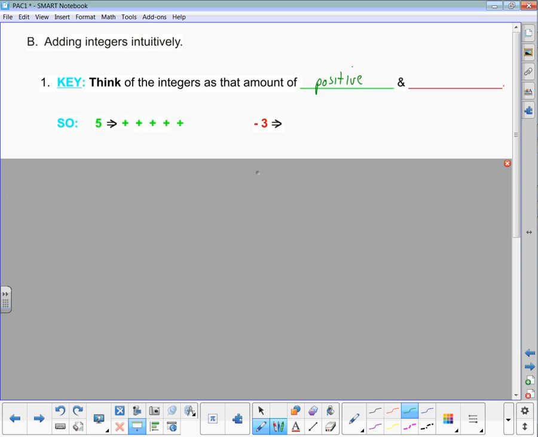Think of the integers as that amount of positives, and I'm going to take my red and write negatives. That amount of positives and negatives. So if you look down here, I've got positive 5 listed as 5 positive sides. So I'm going to take my red, and with my negative 3, I'm going to list it as 3 negatives.